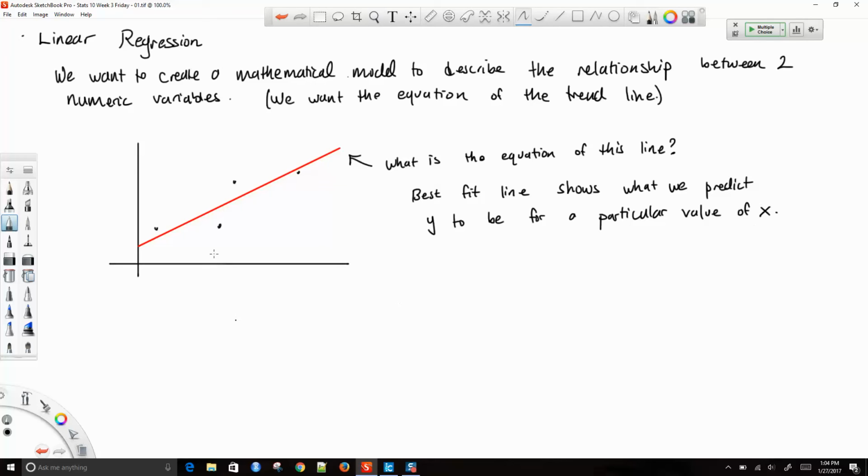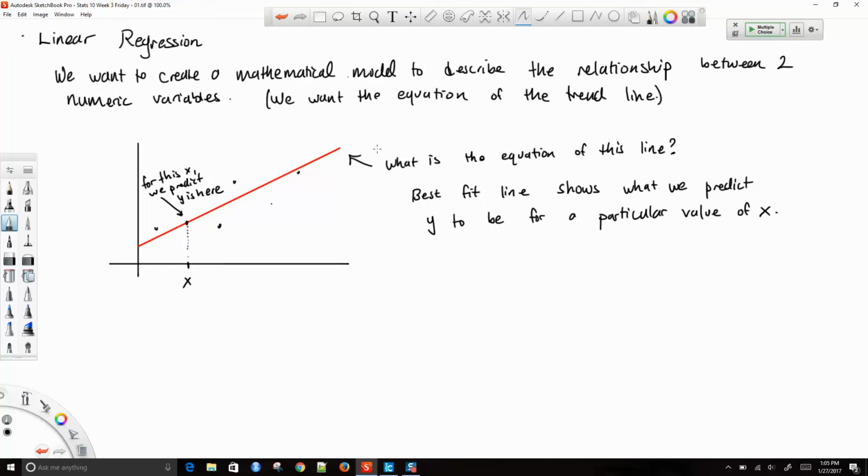So if you plug in an x right here, you go up to the line, and this is your spot right there. For this value of x, we predict the y to be right here.